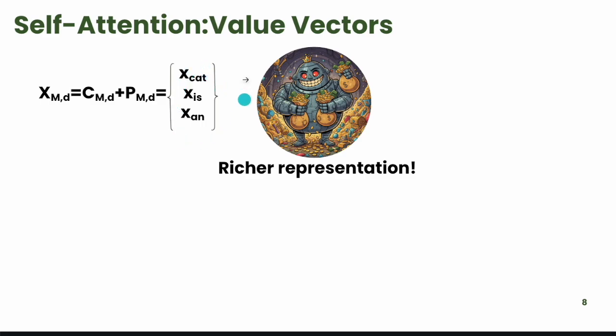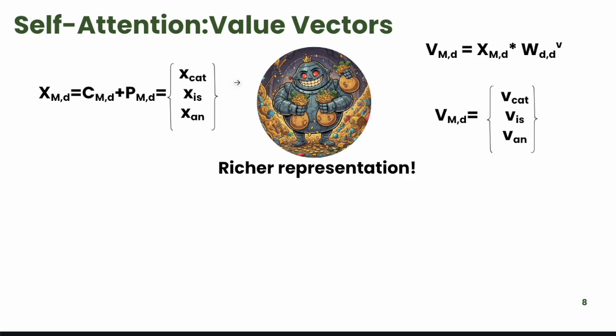This representation that we have in the form of X maybe is not enough. So we introduce another matrix called W, which we multiply from the right. So X, when multiplied from the right by a matrix W, which is of dimension D cross D, gives us the value vectors V.